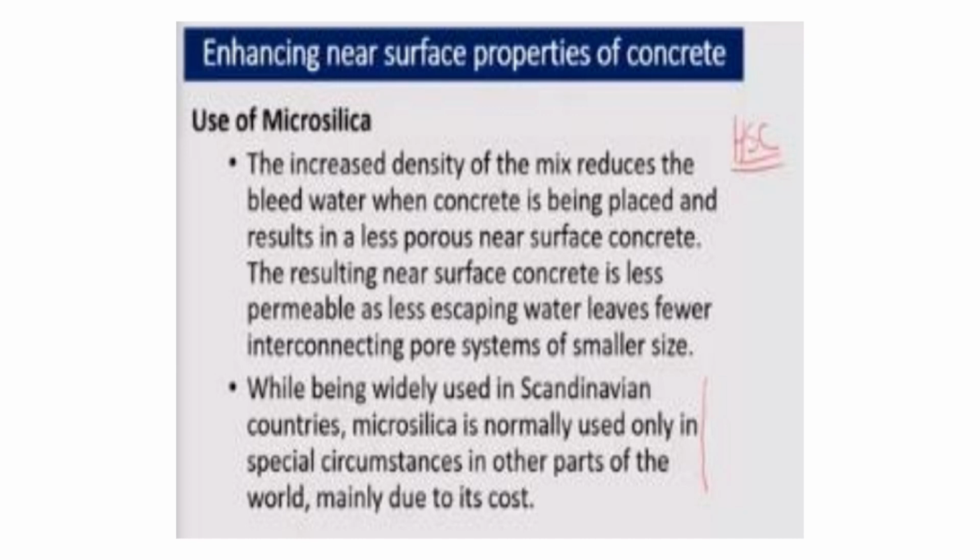The main problem is cost. Although it has very good advantages, the cost outweighs the advantages. Therefore it is mainly used in Scandinavian countries, and apart from that, only in special circumstances in other places of the world.